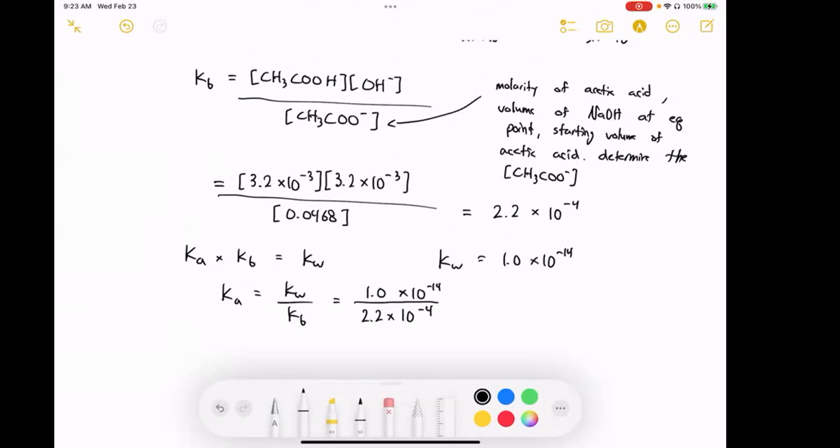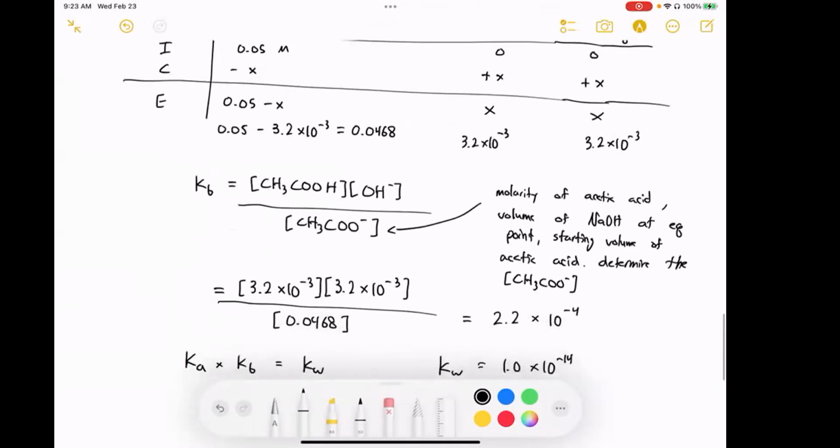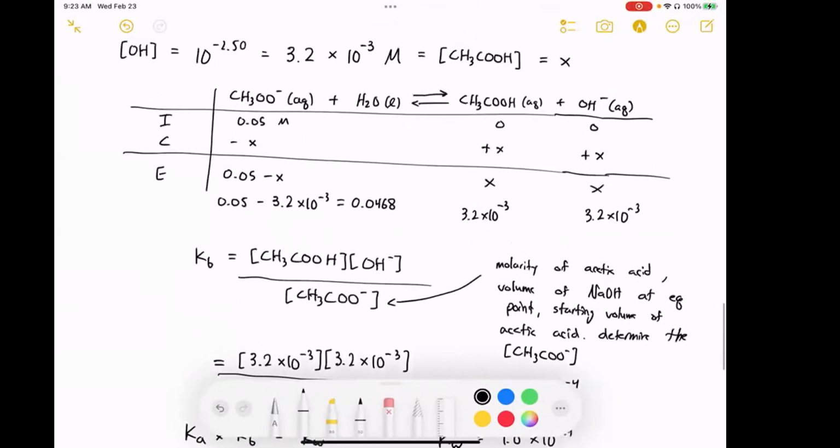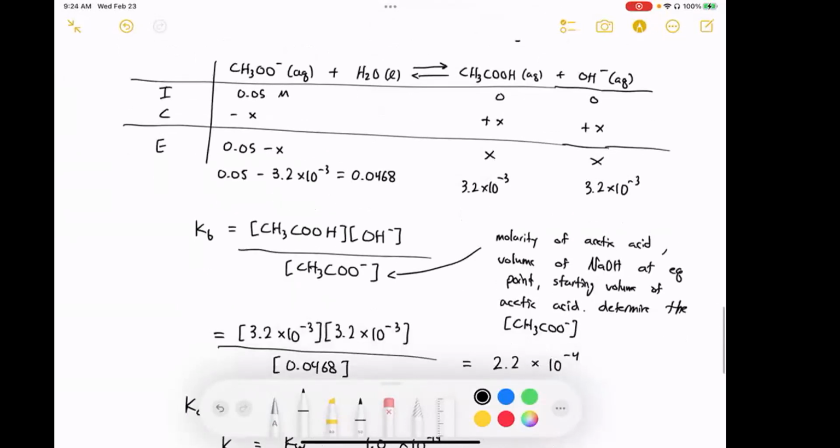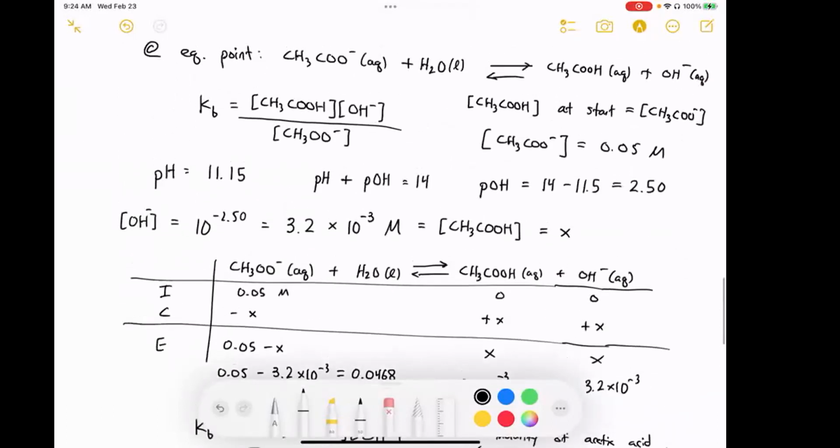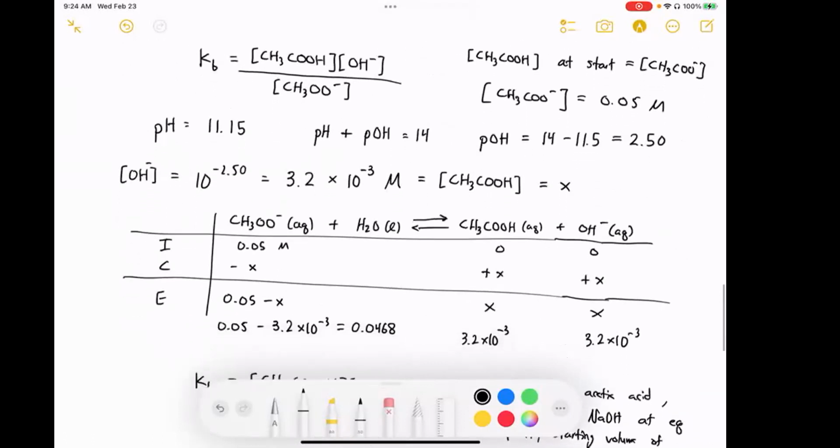Oh, interesting. Okay, I might have done something wrong in these calculations. So let me just double check here. It might be because my pH was too high. So maybe I didn't do exactly at the equivalence point.